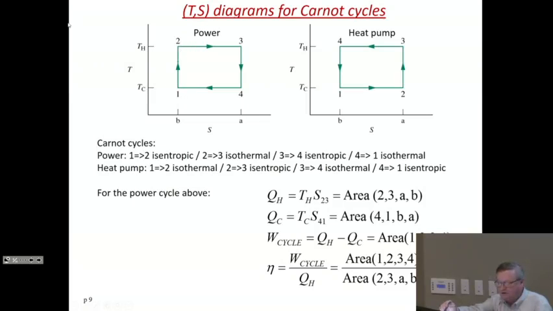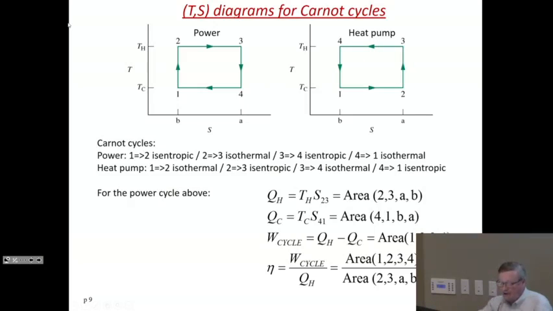So it's a transformation where there's no change in entropy. 2 to 3 is an isothermal transformation. 3 to 4 is an isentropic transformation. And 4 to 1 is an isothermal transformation in a power generation cycle. And amusingly, in a refrigeration cycle, it turns counterclockwise, just like we had with the PV diagram. So as in the PV diagram, in the TS diagram, power turns clockwise, heat pumps turn anti-clockwise.